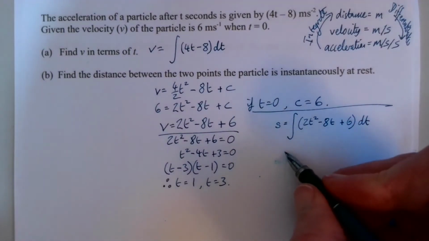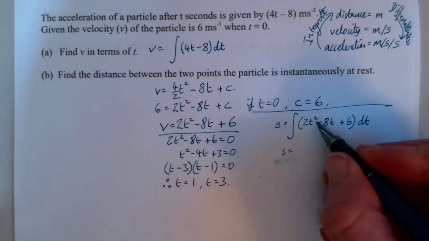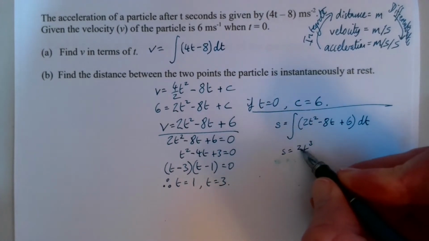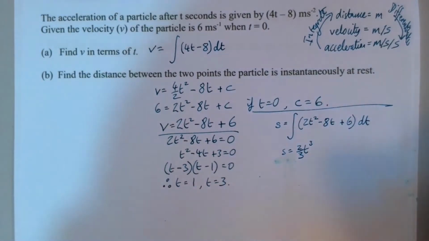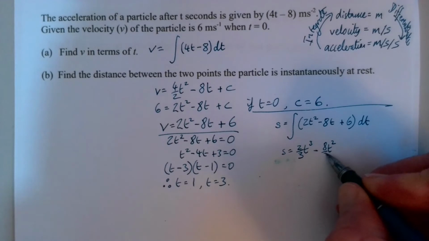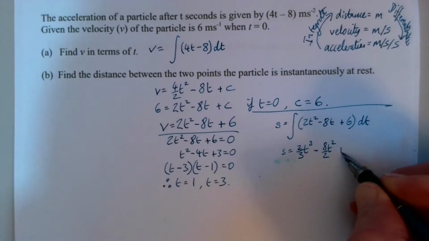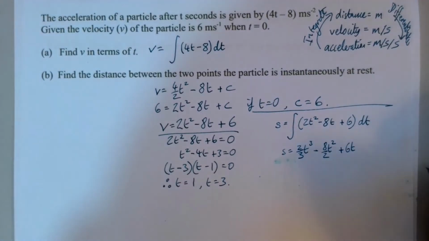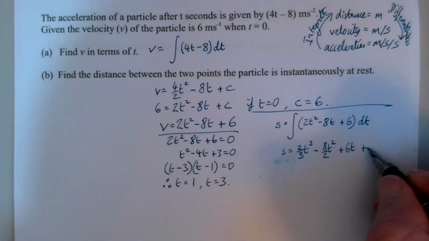Let's do that then. So s is going to be, we up the power by 1 and then we divide by the new power, so the 2 is divided by 3. We up the power by 1 from 1 to 2 and we divide by 2. We up the power by 1 from 0 to t.